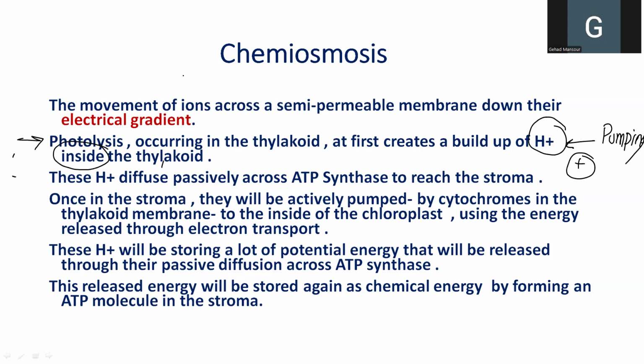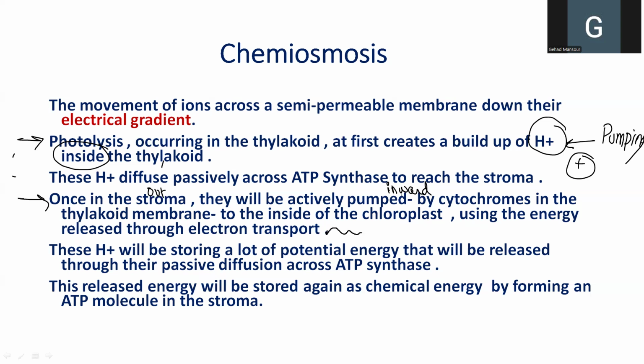So that's why we have postponed talking about pumping. So once reaching the stroma outside, they will be actively pumped inward by the cytochromes in the thylakoid membrane to the inside of the thylakoid, using this energy that has been released through the electron transport.